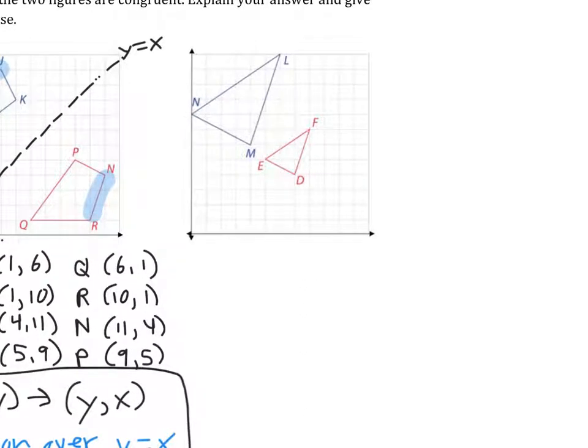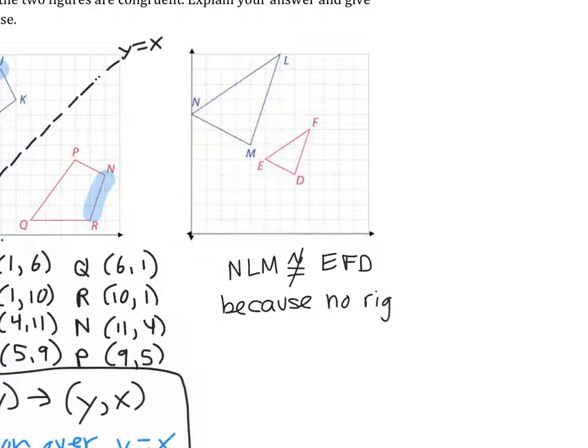So we can say that NLM is not congruent to EFD because no rigid motion maps one onto the other.